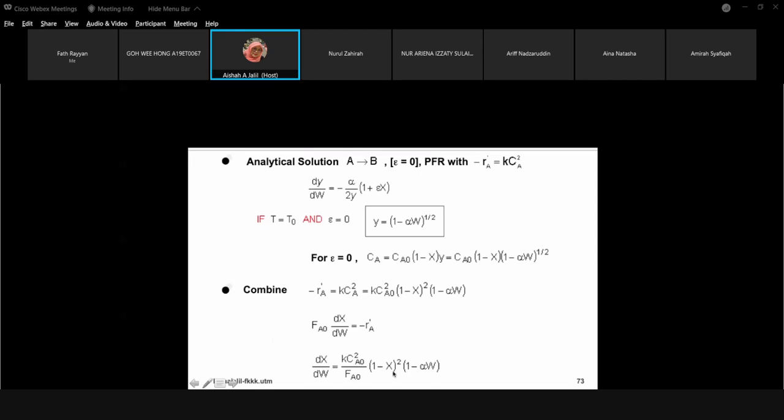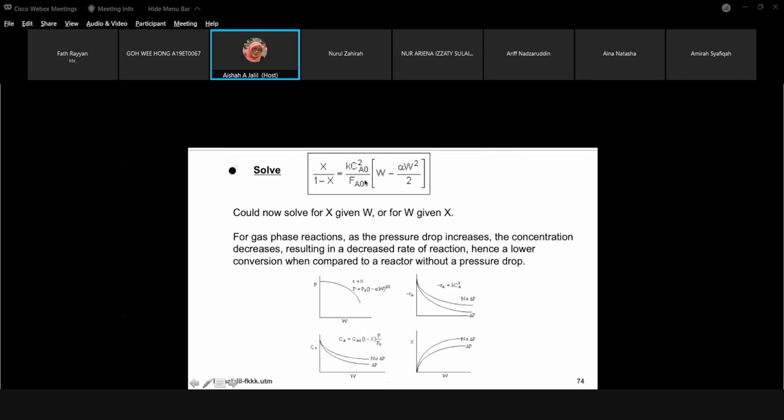This is by grouping. If you move the X here, and the other constants to the right-hand side, you get like this. Then you can solve for X if the W is given, or you can solve for W if the X is given.